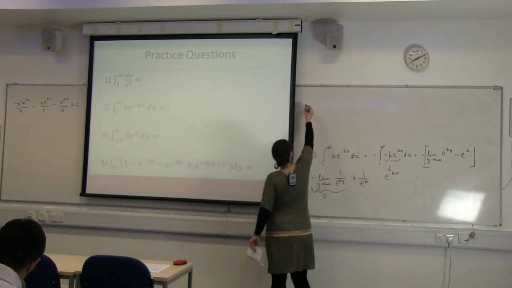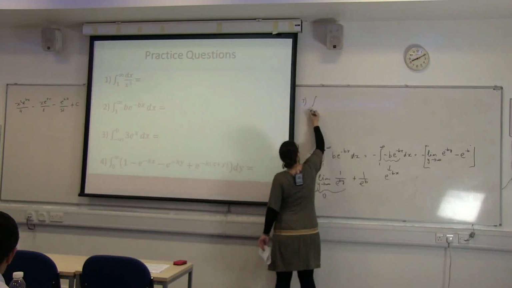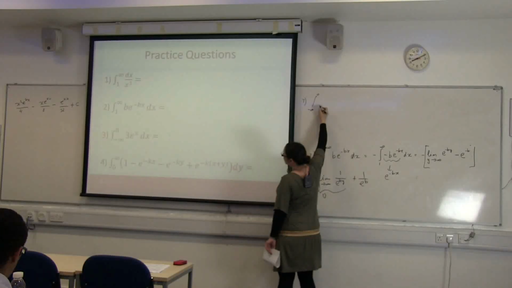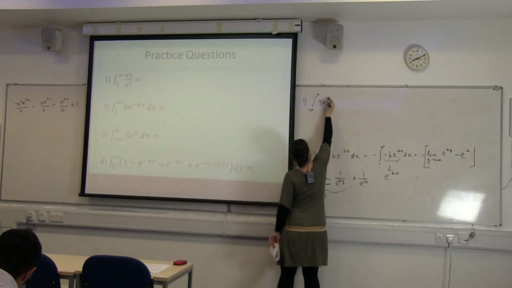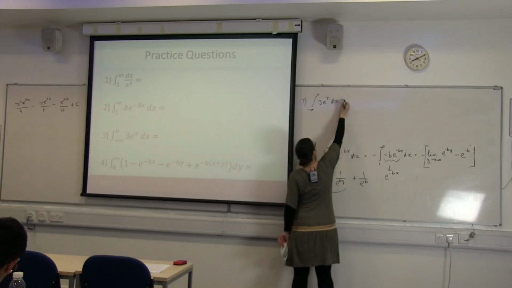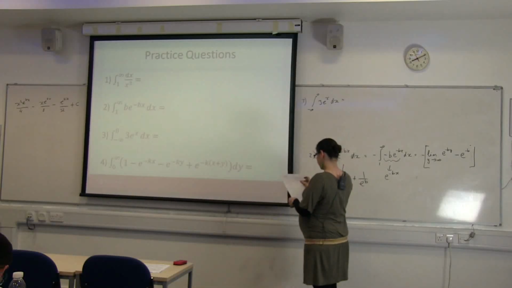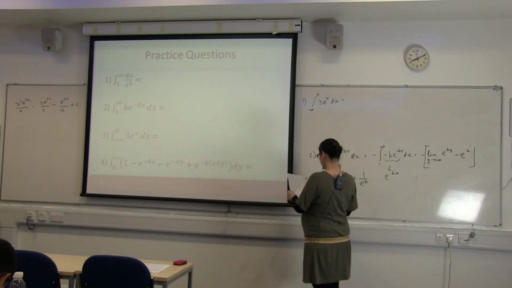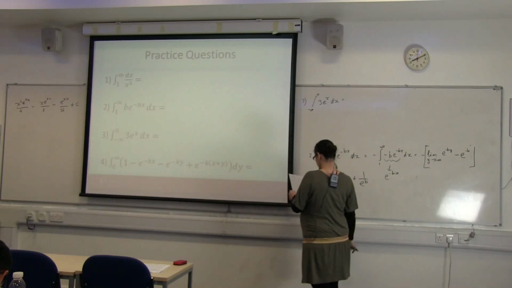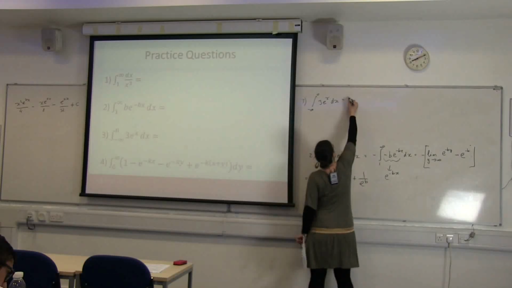Okay, number 3. The integral from minus infinity to 0 of 3 e to the x dx. So I can bring the 3 out in the front.